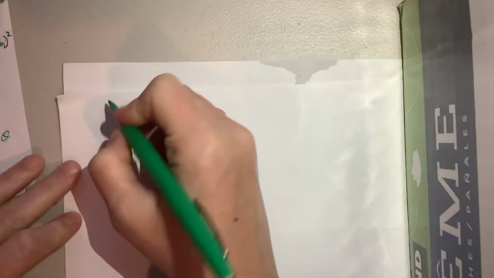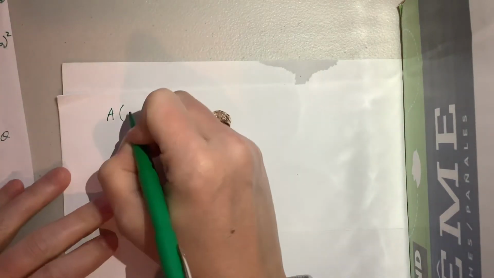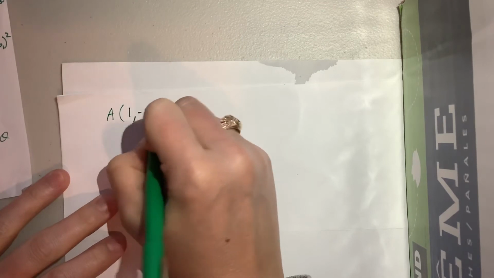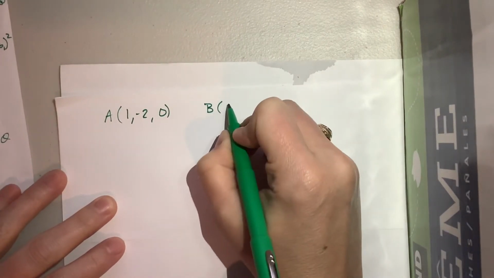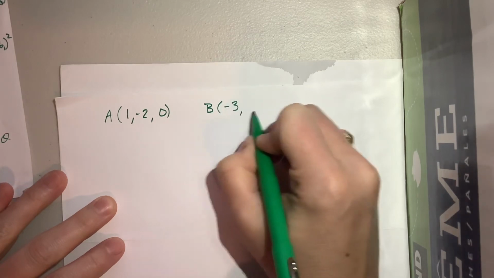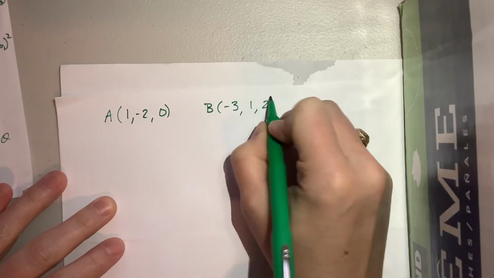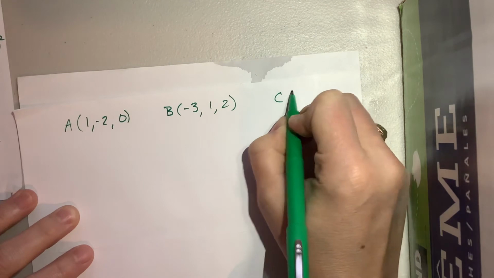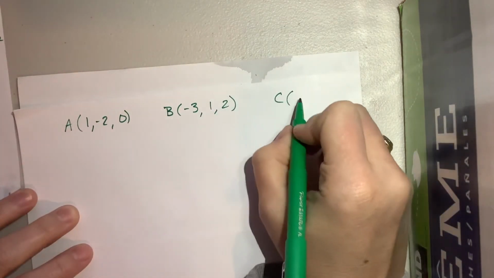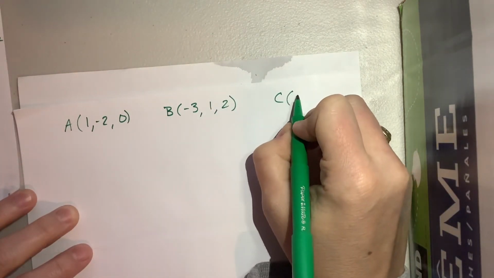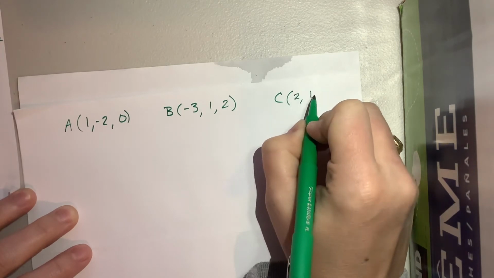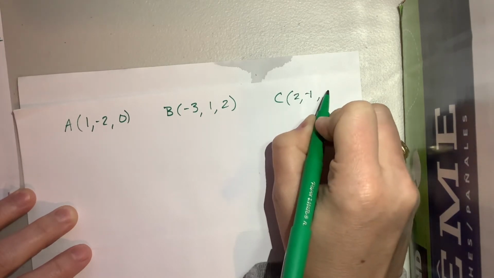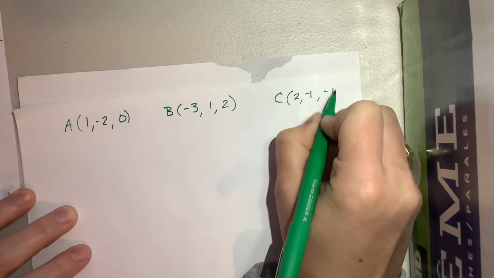Okay, so let's say I've got point A is, I don't know, (1, -2, 0), and point B is (-3, 1, 2), and C is, I'm making something up, (2, -1, -1).